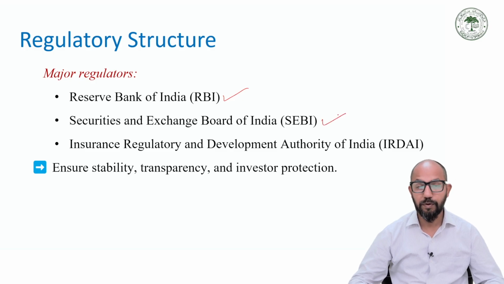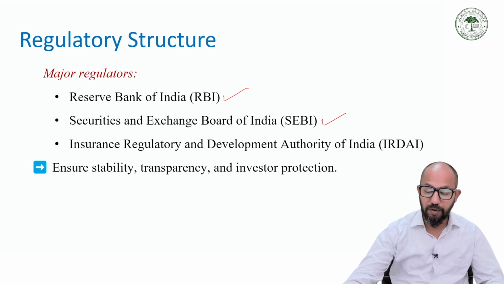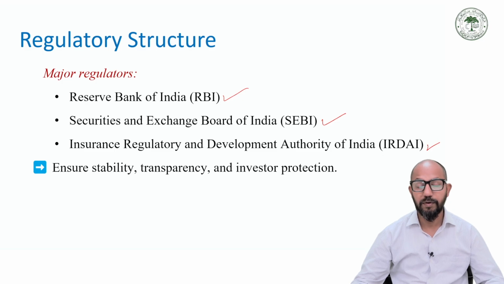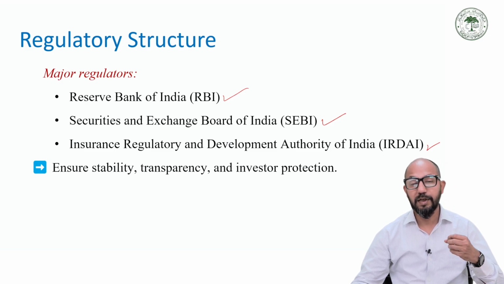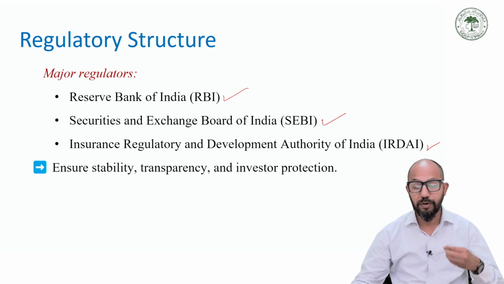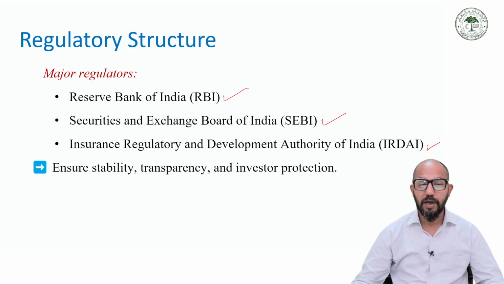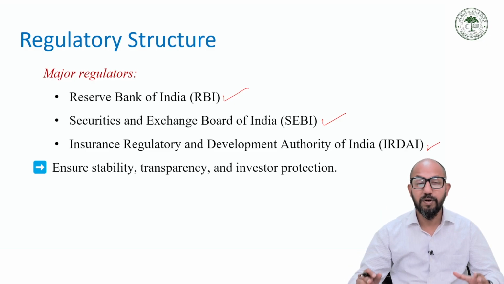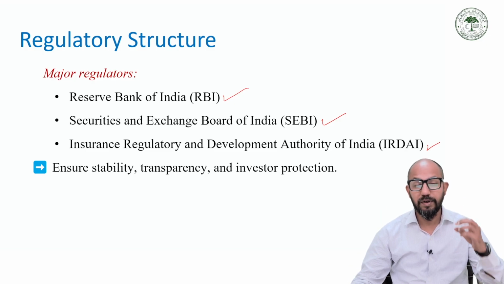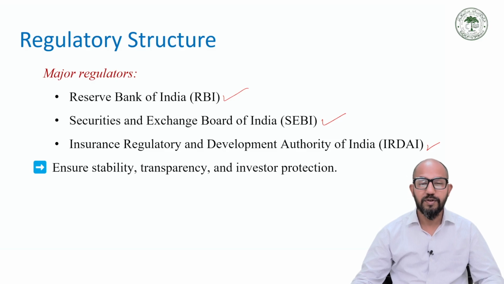The Securities and Exchange Board of India is responsible for the share market and controls malpractices in the share market. The Insurance Regulatory and Development Authority of India regulates all the SOPs, rules and regulations for insurance companies. Now, what happens because of the presence of a regulatory structure? Regulatory structure ensures stability, transparency, and investor protection.